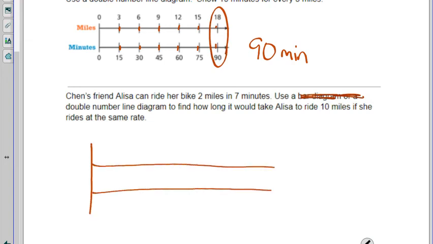If this is miles, and this is minutes, if she goes 2 miles in 7 minutes, that would be 4 miles in 14 minutes. We're going to keep doing this. We can figure out how many minutes it takes her to go 10 miles. Go ahead and figure that out. We'll talk about it in class.